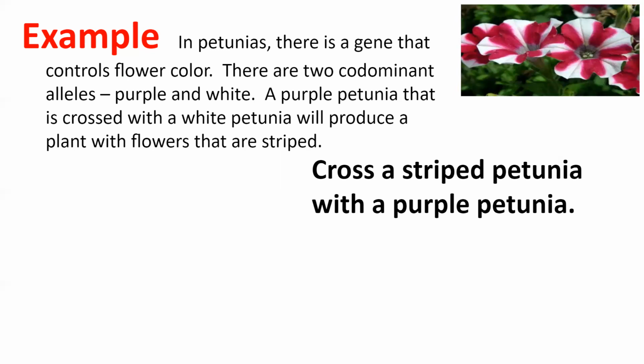It's still heterozygous, but it is codominant heterozygous. I like to just write the alleles because it's faster and there are fewer letters. So our phenotype percentage in this case is the same. Is it always the same? No. With this one, we would put 50% purple and 50% striped.